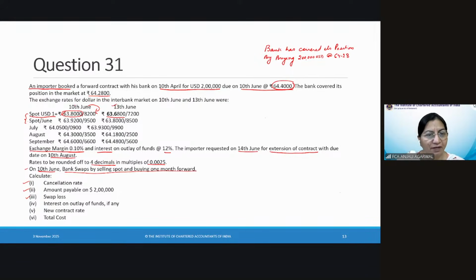But the customer may come up tomorrow, day after tomorrow, anytime to take the money. So bank will cover its position once again, buying 1 month forward. Just in case the customer comes up after 2 days, 3 days to buy those dollars, bank will again cover itself in the 1 month forward market.